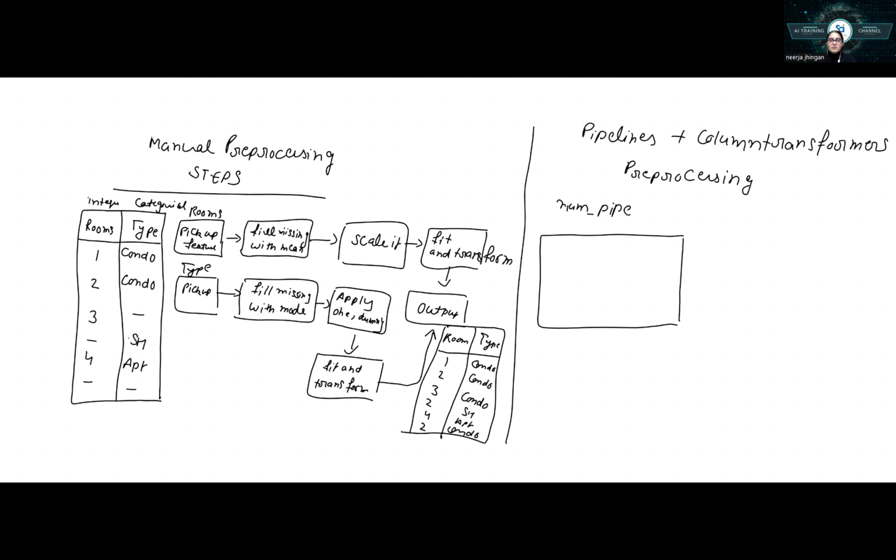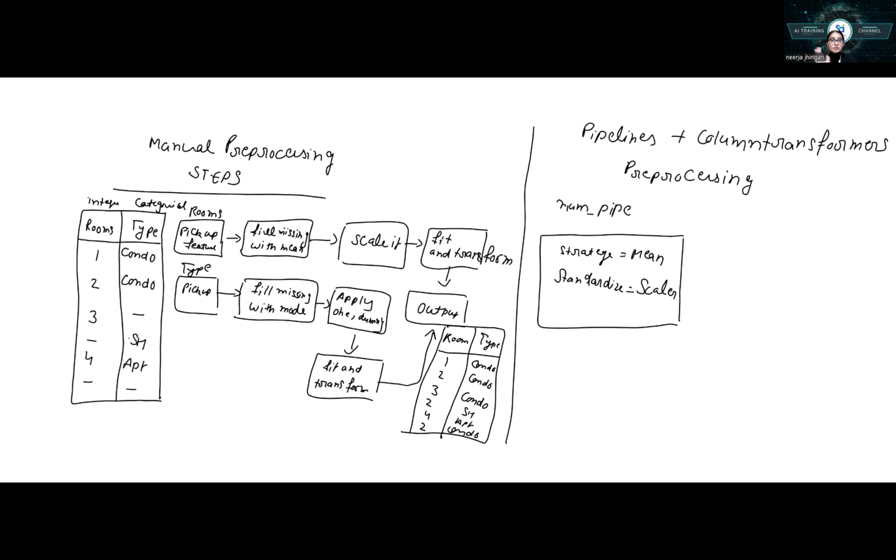So you will write the missing value strategy, mean, okay, and then standardize. Just ignore the spelling mistake here. You will use the scaler here, whatever the library comes up with. So you are going to put these two steps in one box.